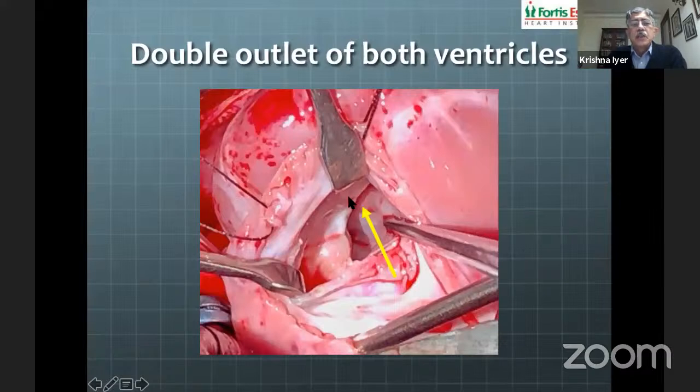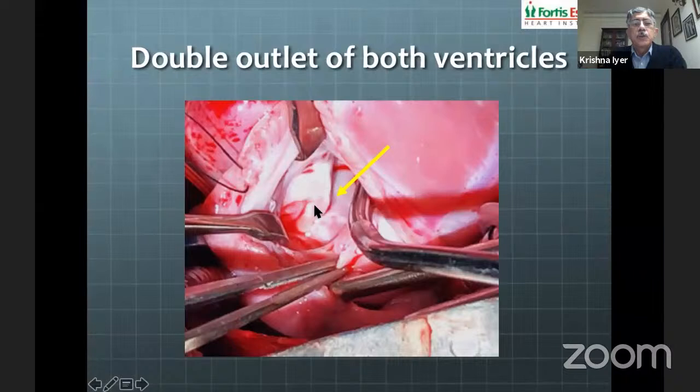You can see the anterior extent of the outlet septum. You can see it merges with the free wall of the right ventricle. It does not meet the crest of the interventricular septum. Likewise, the posterior extent of the outlet septum again merges with the free wall of the left ventricle posteriorly. It does not meet the interventricular septum.